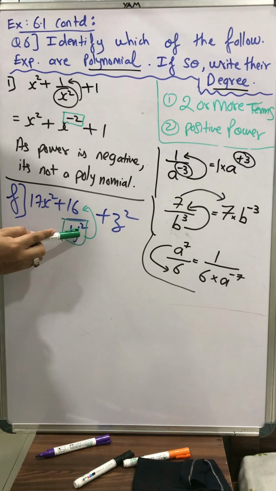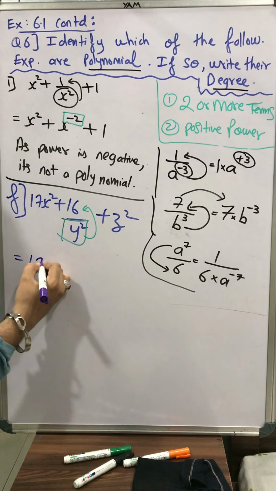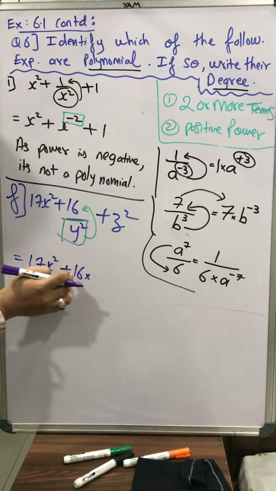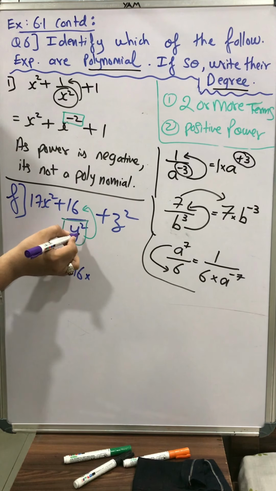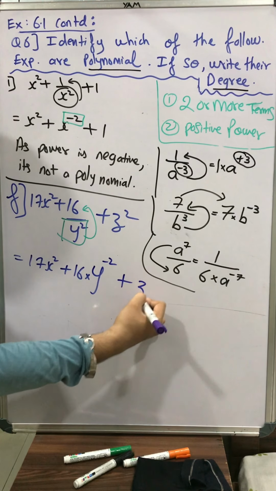So when I bring this y raised to 2 in the numerator, it will become y raised to minus 2. Pay attention here students. So 17x square plus 16 already in the numerator, I write 16 multiplied by y raised to 2 goes in the numerator, becomes y raised to minus 2, plus z square.